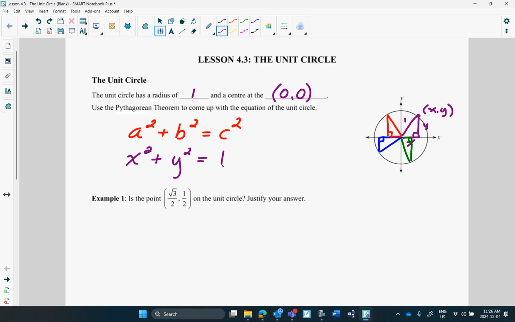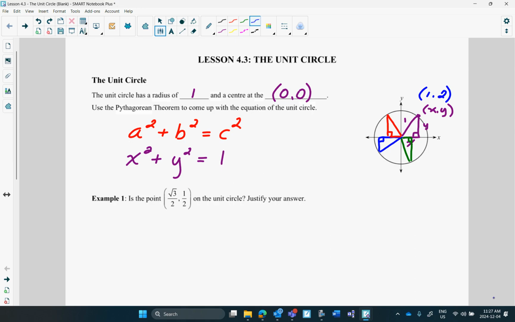So what does this mean? This means that if you want to tell if a point is on this circle, its x coordinate squared plus its y coordinate squared must equal 1. For example, let's say that's the point 1, comma 2.